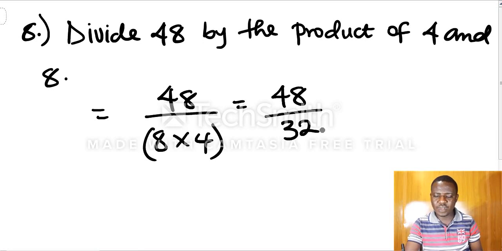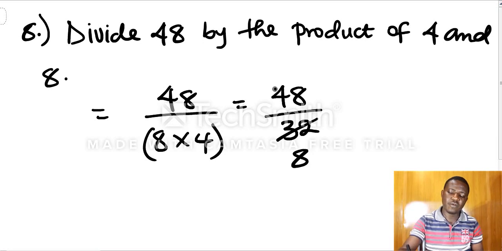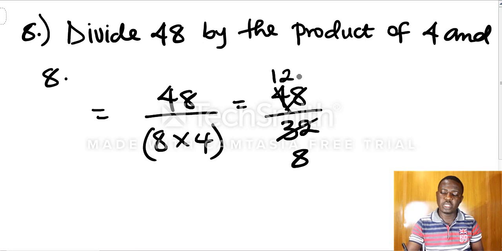So what can divide 48 and 32? 4 can divide. 4 into 32 is 8. 4 into itself is 1. 4 into 8 is 2, which is equal to 12 over 8. Something can still divide 12 and 8. 4 can still divide. 4 into 8 is 2.